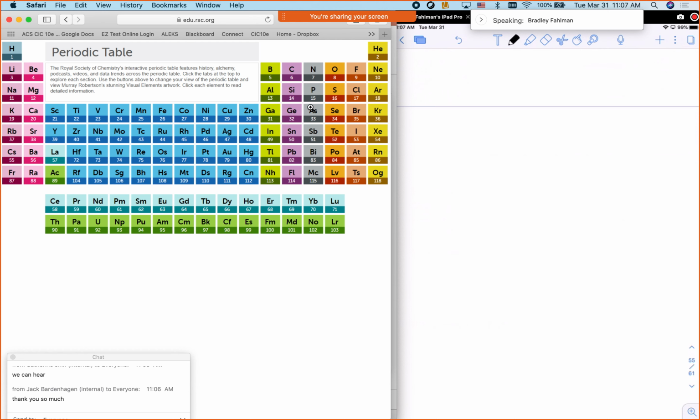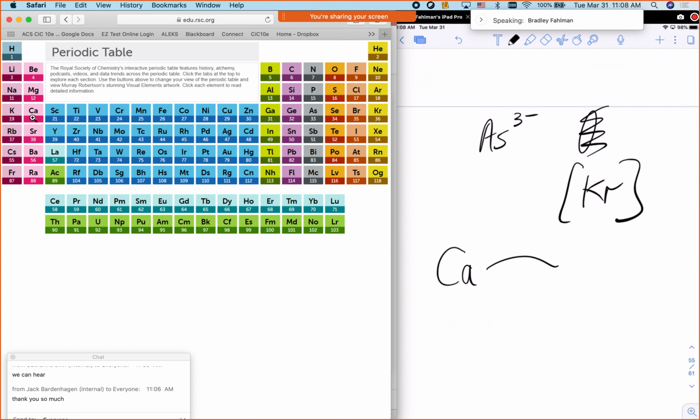So, for instance, arsenic wants to get to krypton, and that's why arsenic likes to be a 3 minus, and so its configuration is just krypton's configuration. And likewise, calcium likes to lose 2 electrons, and so its configuration will be just argon.